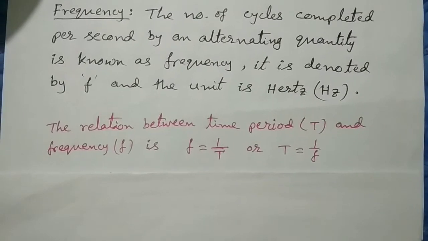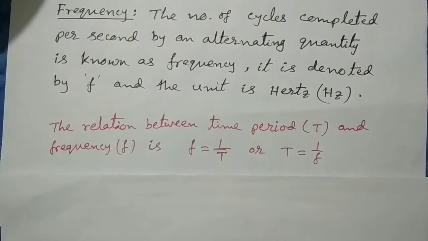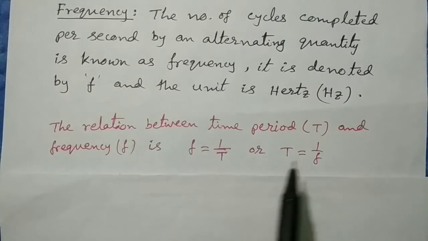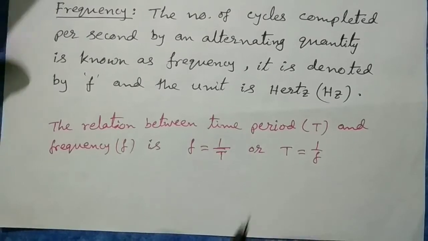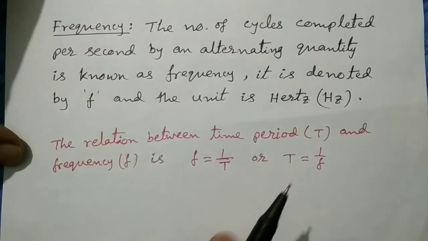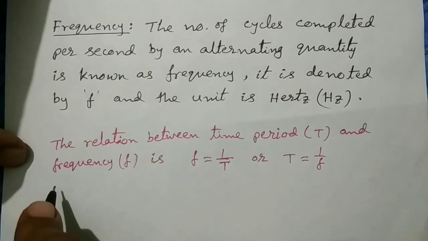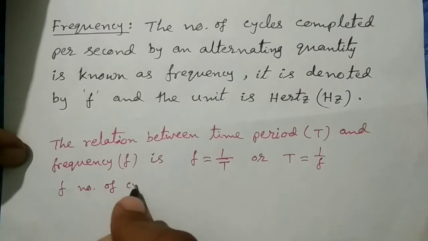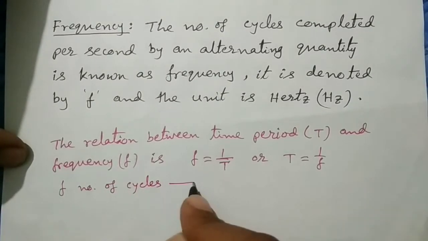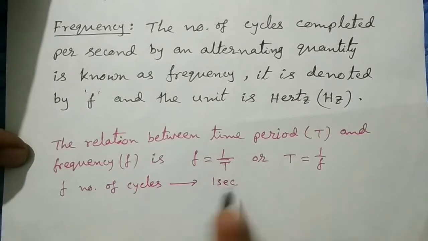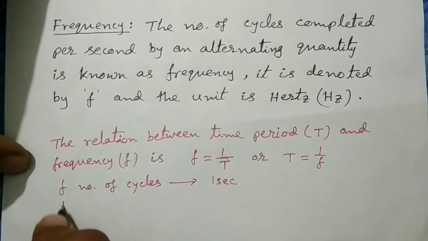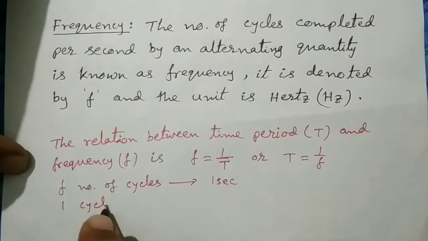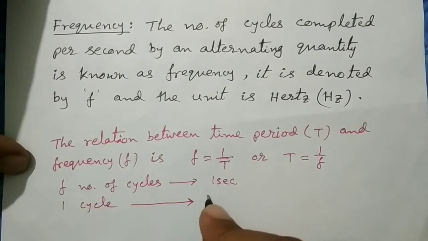Now the relation between the time period and the frequency is f equal to 1 upon T or T equal to 1 upon f. That we can prove also. Let's say the frequency of the system is f. That means f number of cycles will be completed in 1 second. So one cycle will be completed in 1 upon f second.